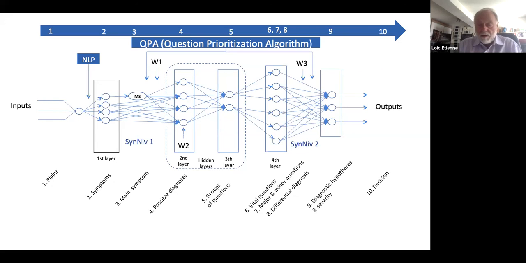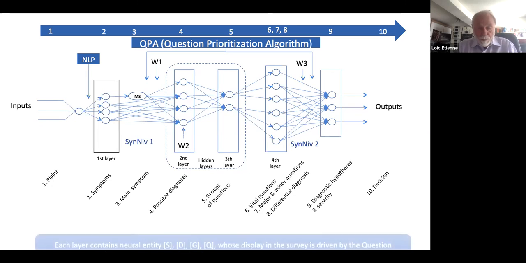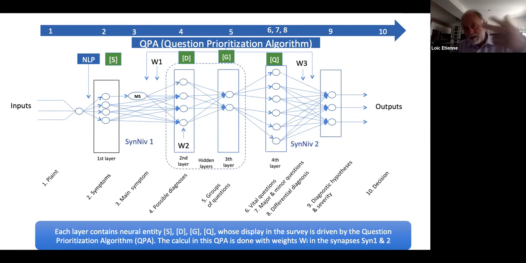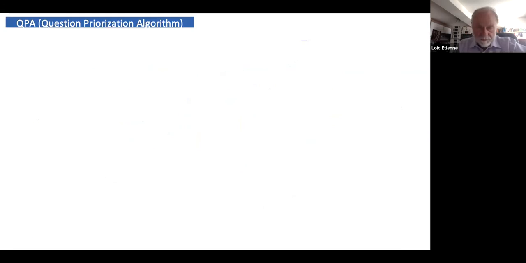And in the 10th step, it's the output decision. So to understand, each layer contains neural entities S, D, G, Q, whose display in the server is driven by the QPA. And the calculation of this QPA is done with weights in the synapse 1 and 2. And we will see further how it works.